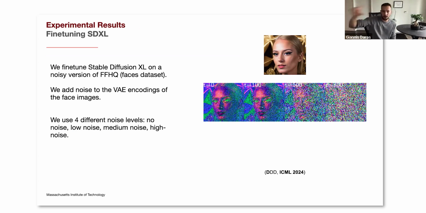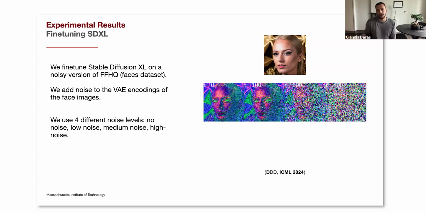The first column is no noise; I'm showing you the encoding of this initial pixel space image in the latent space. The second column is what happens when you add a little bit of noise, and then you have a lot of noise. We do this for all the images in the data set, creating these noisy versions of them, and then we only train with these noisy versions.